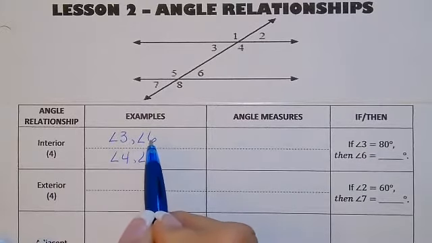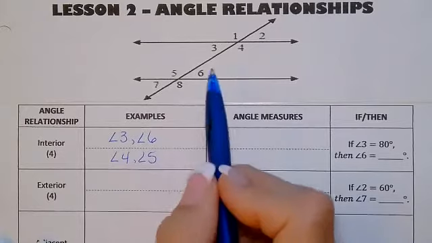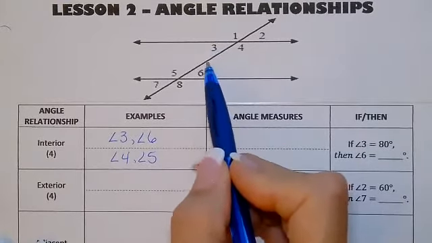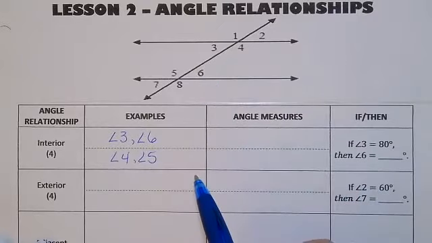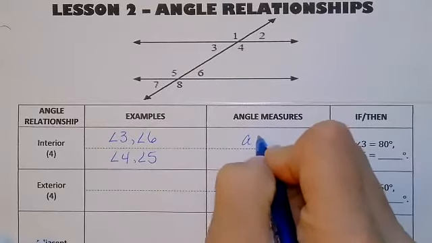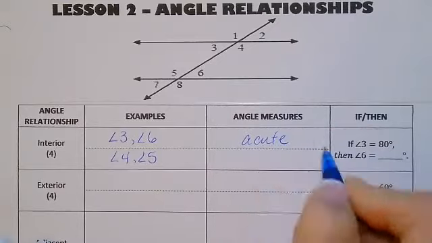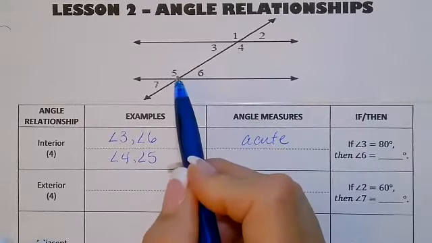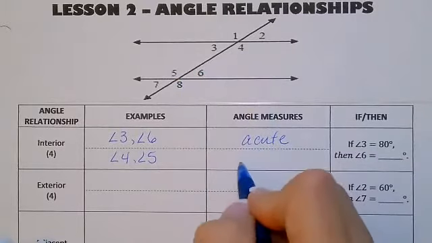Now let's take a look at angles 3 and 6. Angle 3 is an acute angle, and angle 6 is an acute angle. So angle measures are acute. Angles 4 and 5 are both obtuse.